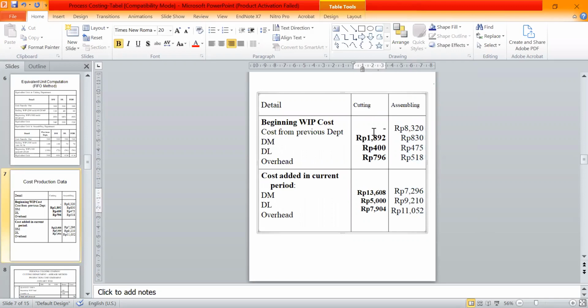So we enter the information of this cost from the previous department, and then this number and this number into the beginning work in process cost column.